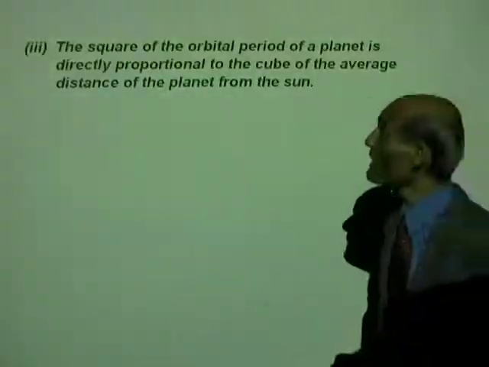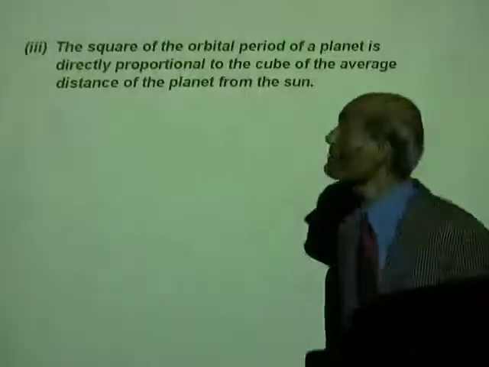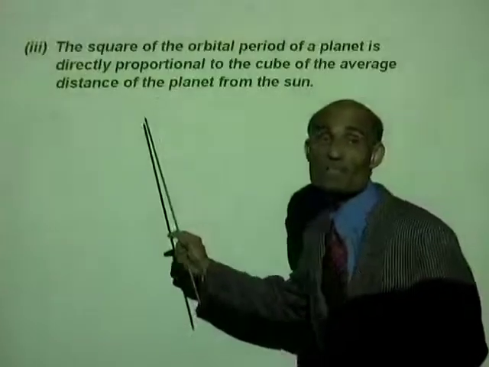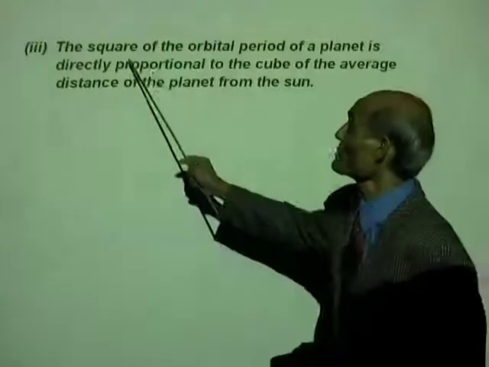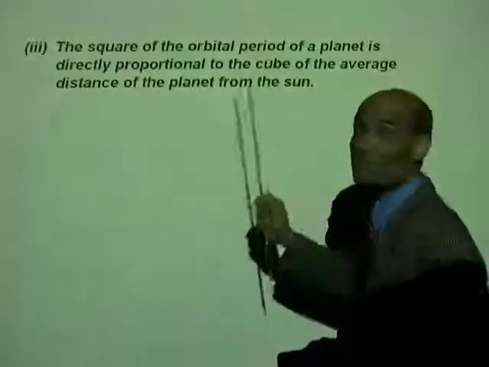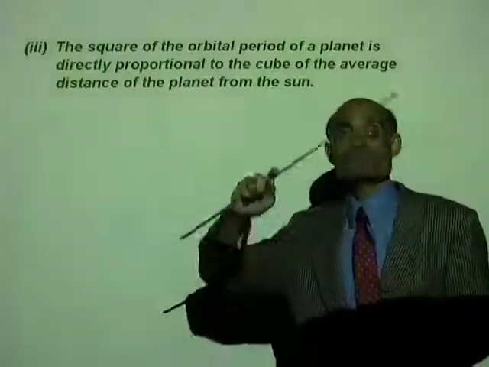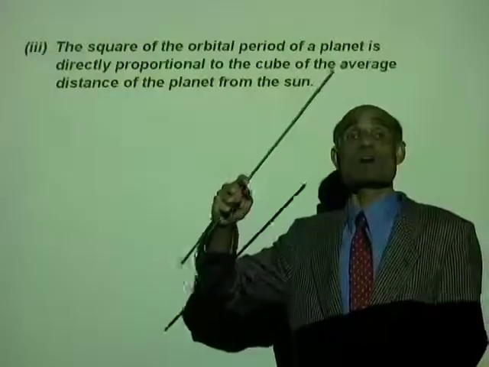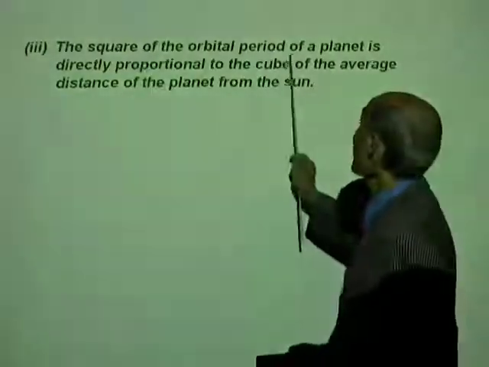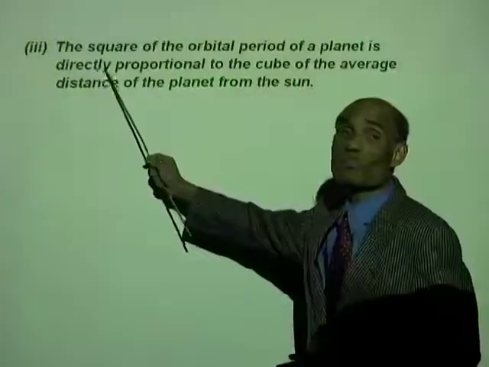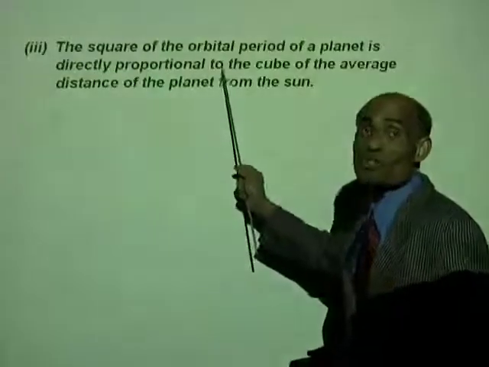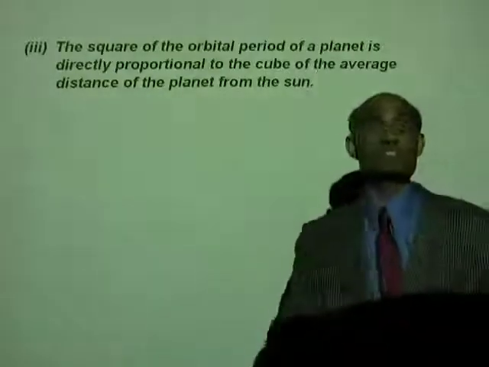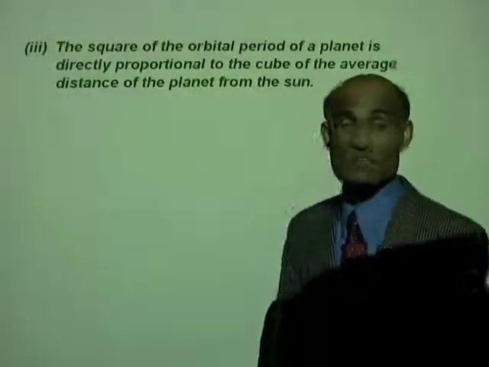All right. The third law, Kepler's third law, is a quantitative law. Look at the statement. The square of the orbital period, you know, orbital period is the time taken by the planet to go around once, is directly proportional to the cube of the average distance of the planet from the sun.